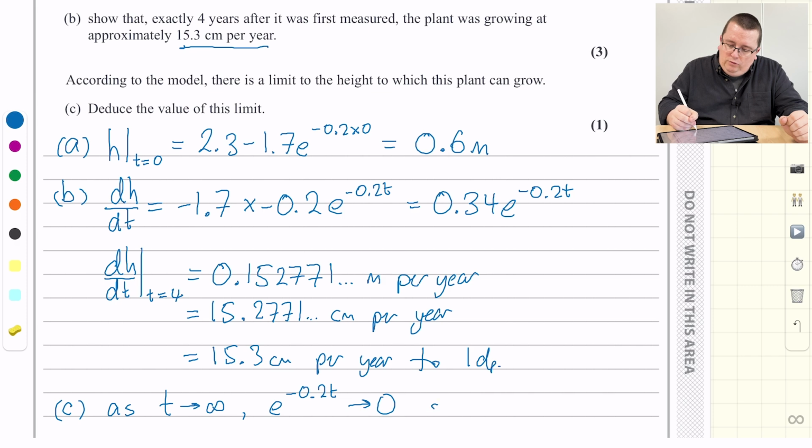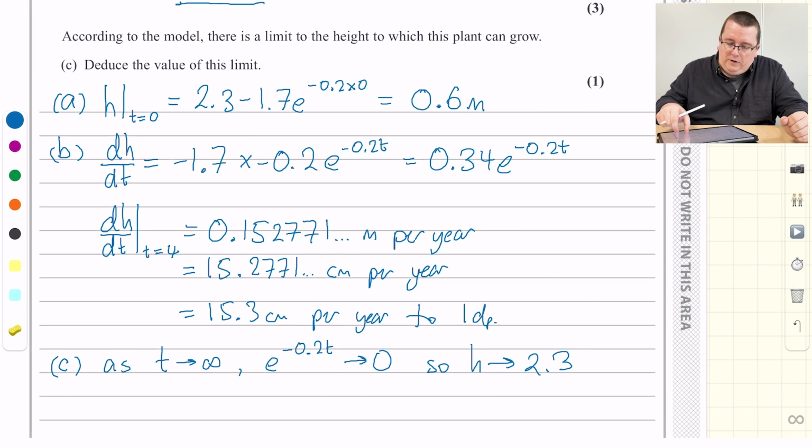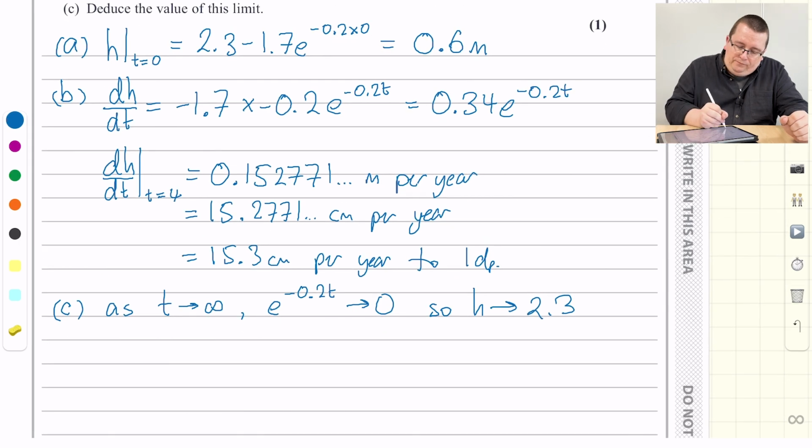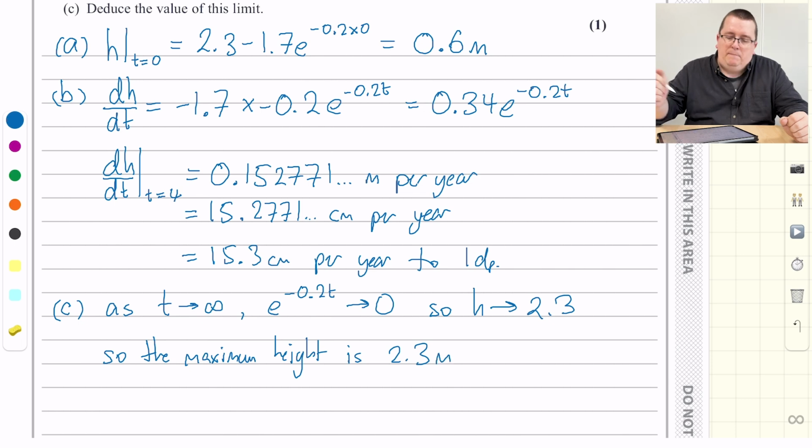So h tends towards 2.3. Okay, so the maximum height is 2.3 meters, and that's my answer.